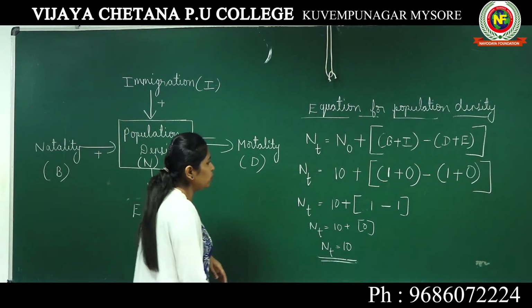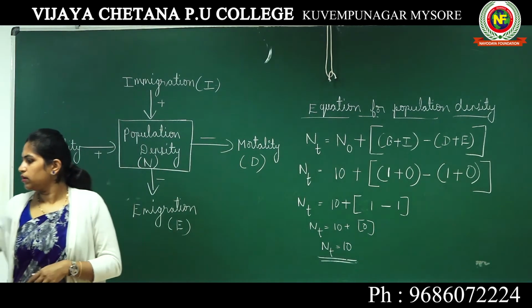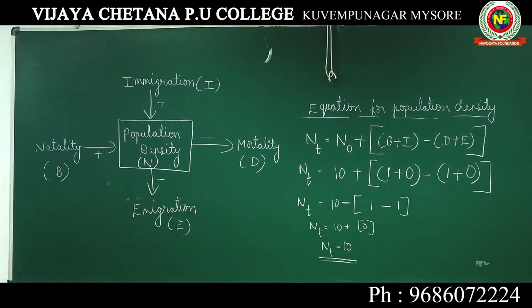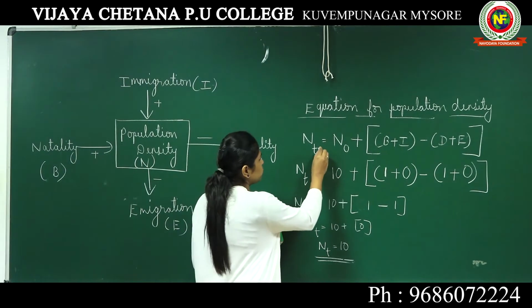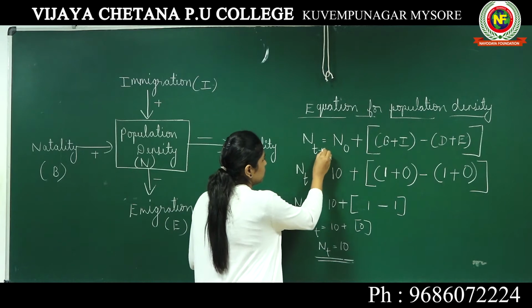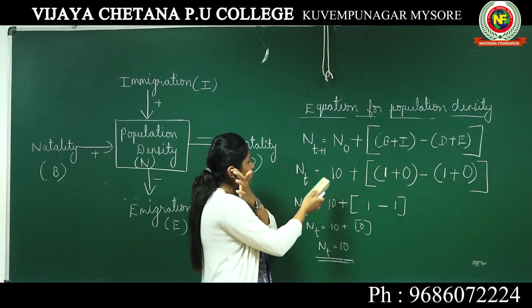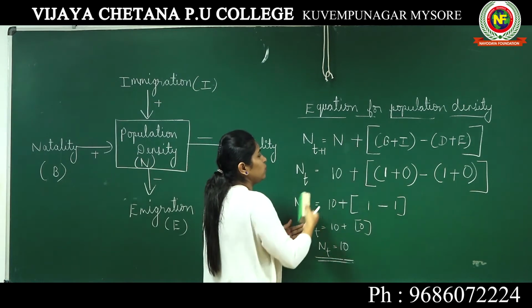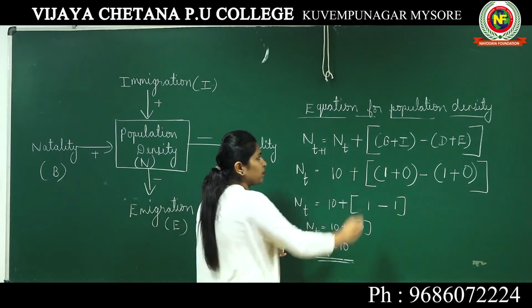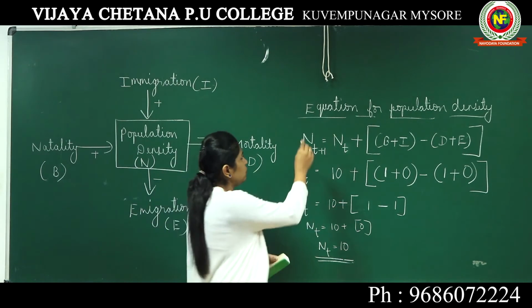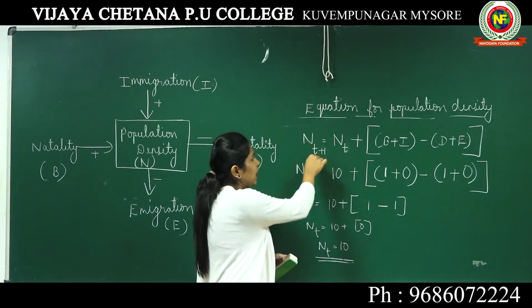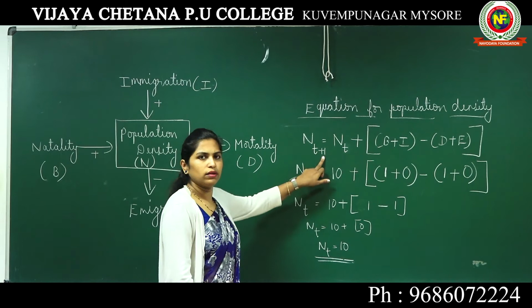Now if I am calculating the population density at time t plus 1, then N0 will become NT. So this becomes the population density at time t plus 1.